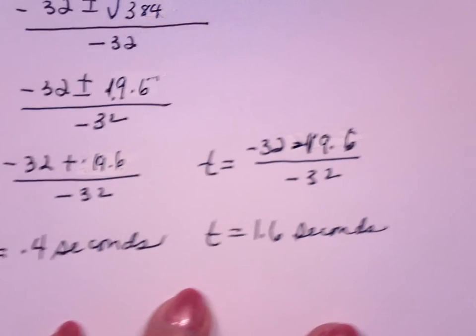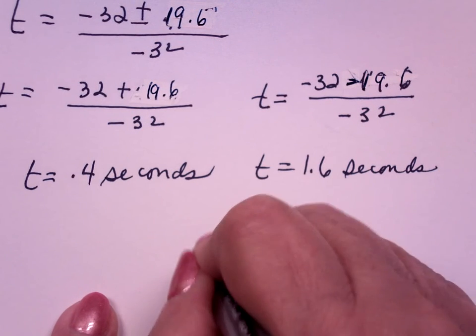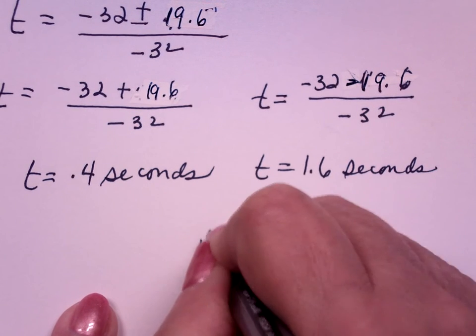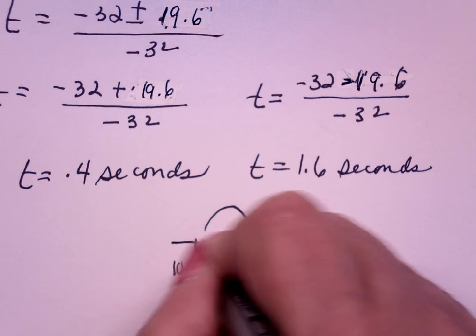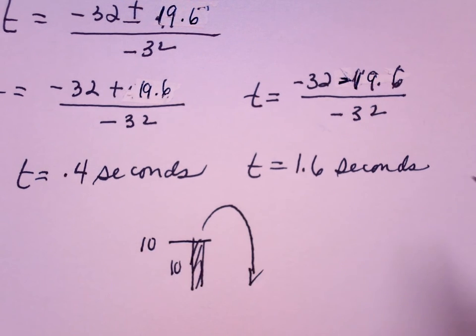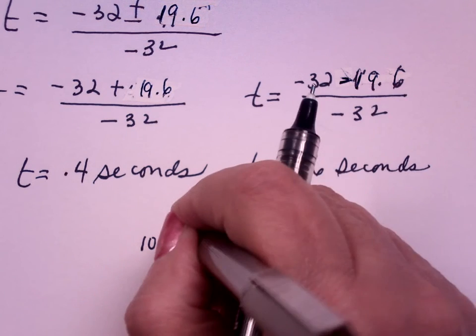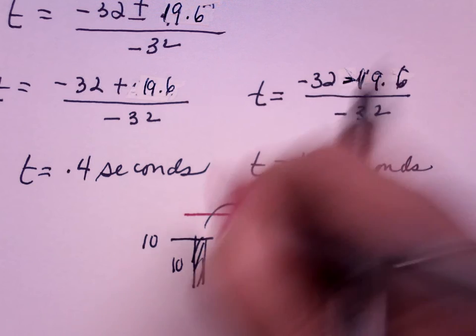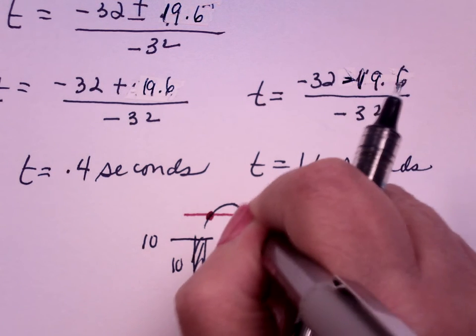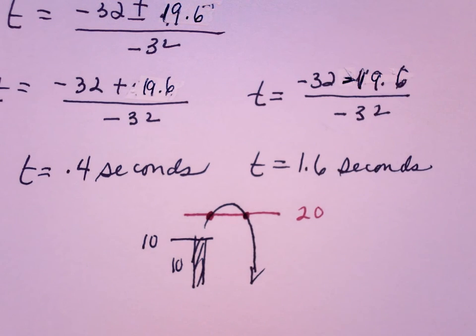So if I look at my graph, remember this is 10, this is the y value of 20. I have two of them, and they're two coordinate points.